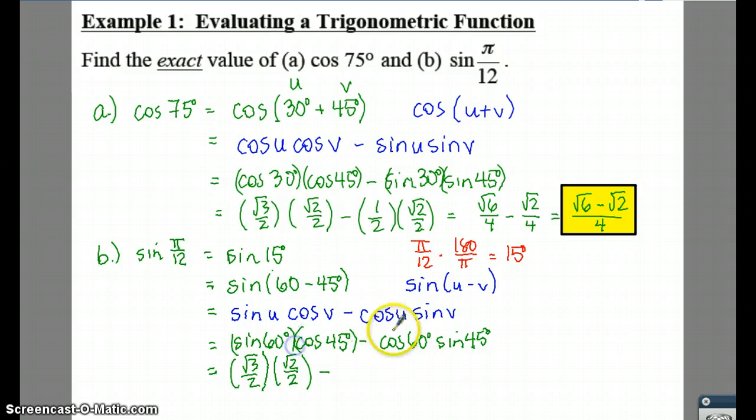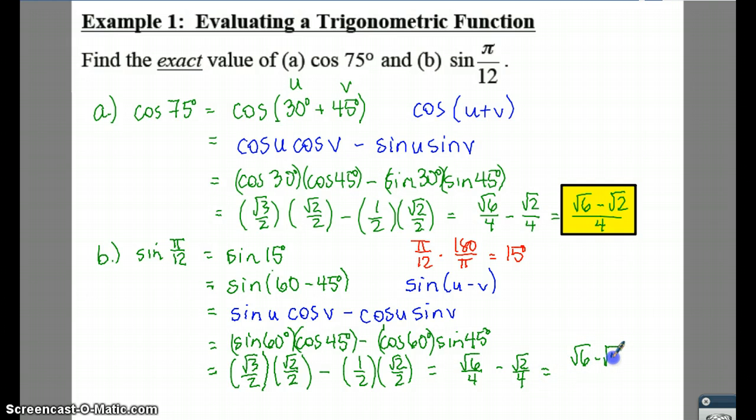Well, the cosine of 60 is going to be 1/2, and then your sine of 45 is radical 2 over 2. So you just multiply these together, you get radical 6 over 4 minus radical 2 over 4, and then you just turn it into one nice pretty little fraction.